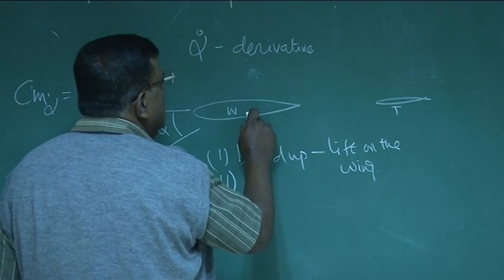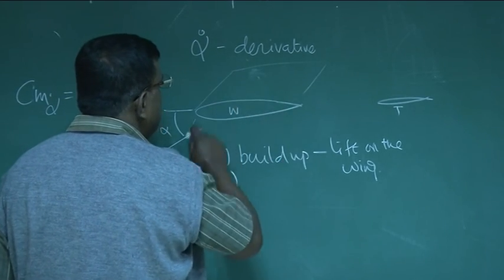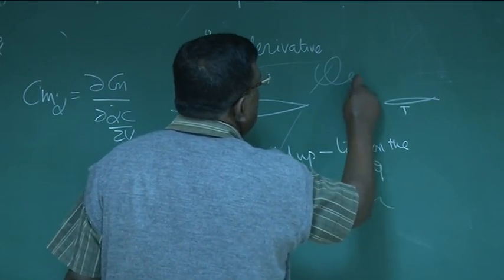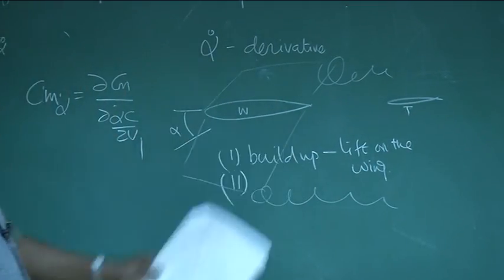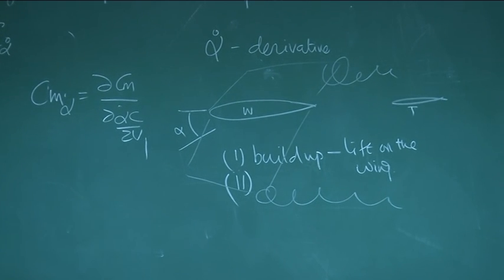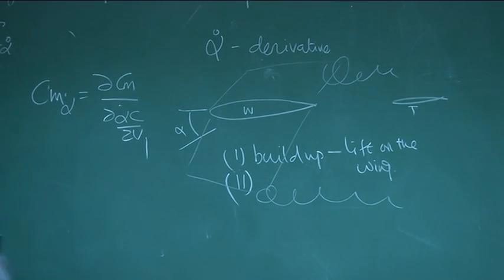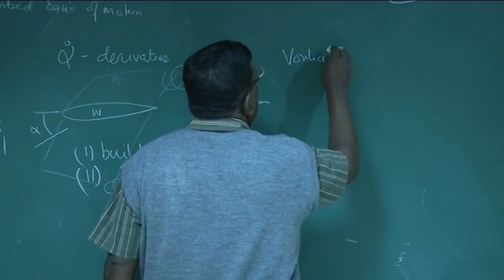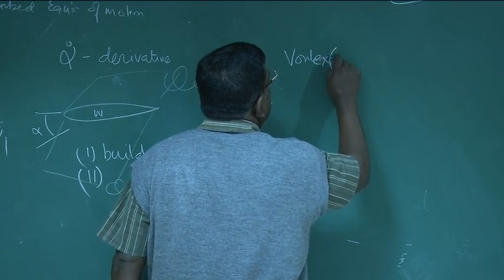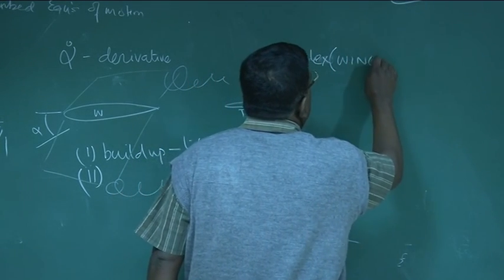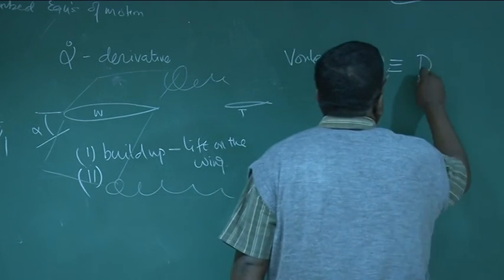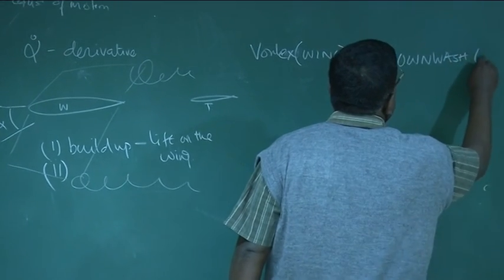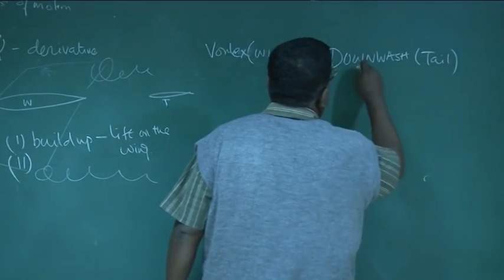You remember, because of finite wing, there will be vortices which will be traveling like this. They introduce downwash at the tail. So the vortex from the wing introduces downwash at the tail, and what does this do?